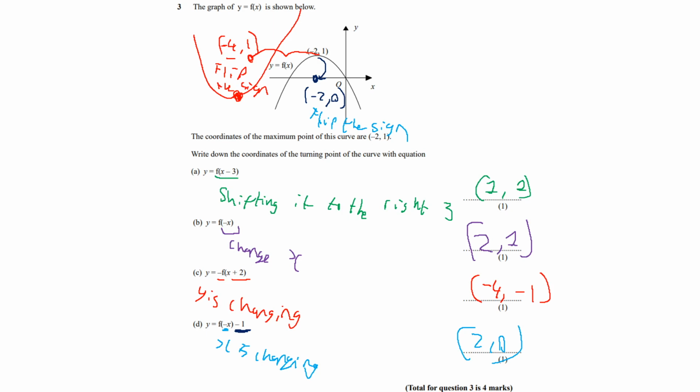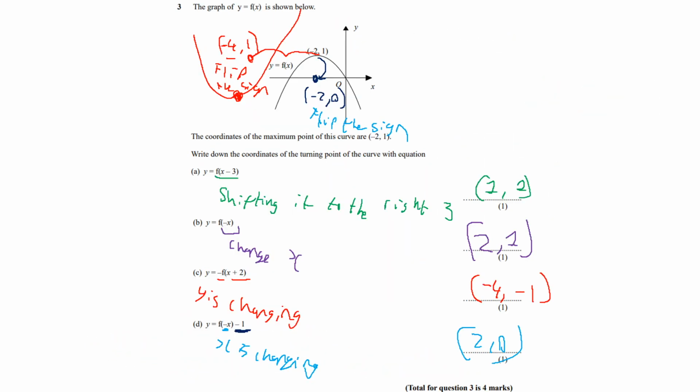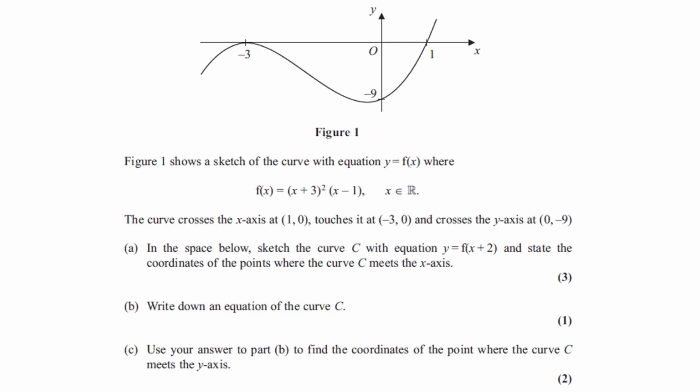So all we've done is use these 4 rules to flip one single coordinate. But what about if we have to remind ourselves of our composite function rules to work out something like this?